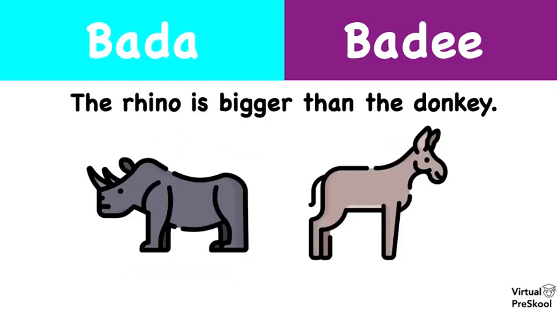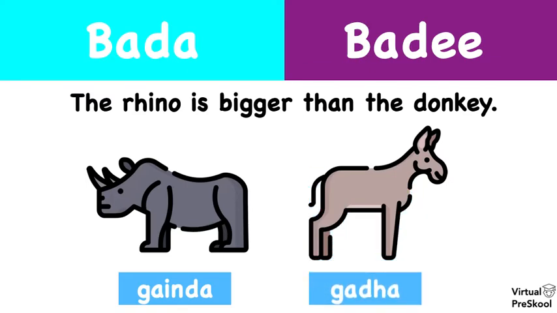Let's do another one. The rhino is bigger than the donkey. So rhino in Hindi is genda. Donkey in Hindi is gadha. So would we use bada or badi? Well, what's the sentence about? Is it about the rhino or the donkey? It's about the rhino. And how do we say rhino in Hindi?